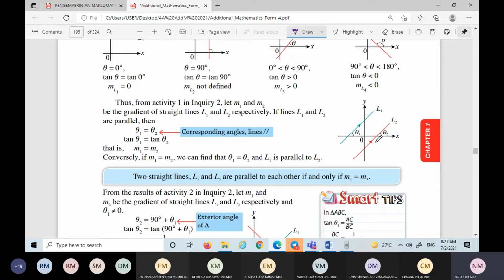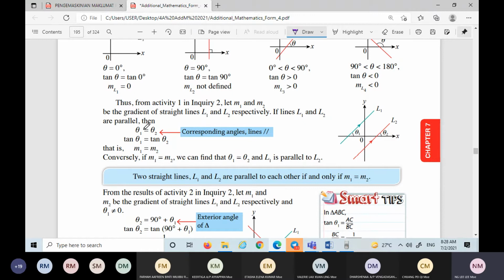If these two are parallel, the angles theta 1 and theta 2 are also the same. This one you have learned during your lower form: corresponding angles are the same. So theta 1 is equal to theta 2.